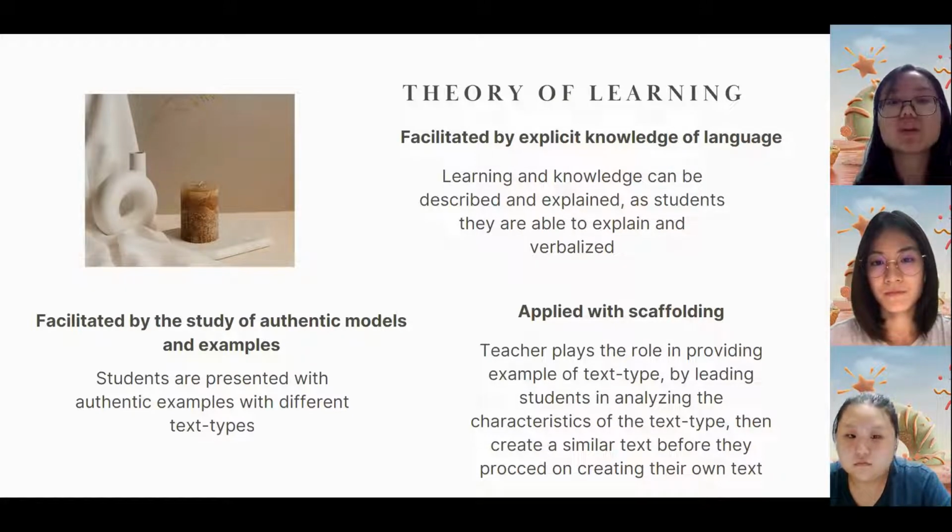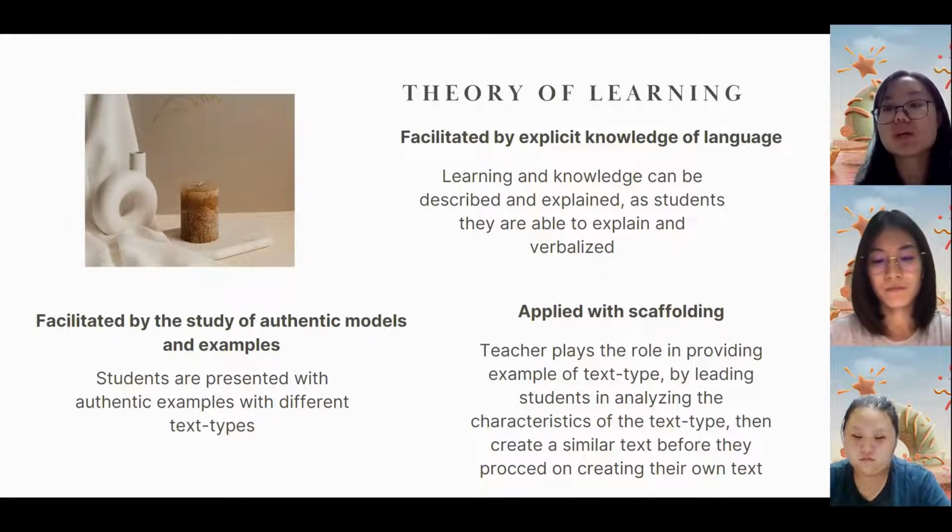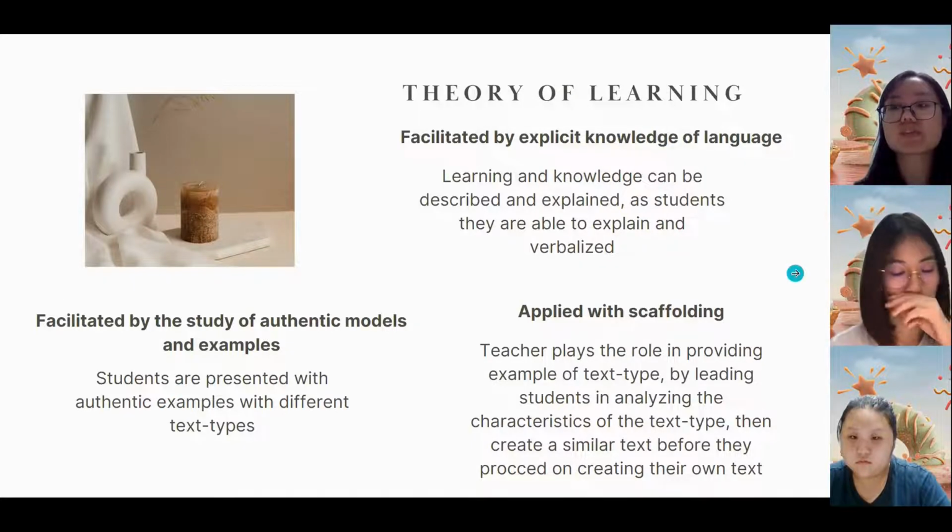And thirdly, applied with scaffolding, as teachers play the role of providing the example of text type and lead the students in analyzing the characteristics and features of the text type. Then they create a similar text before they proceed to creating their own text.